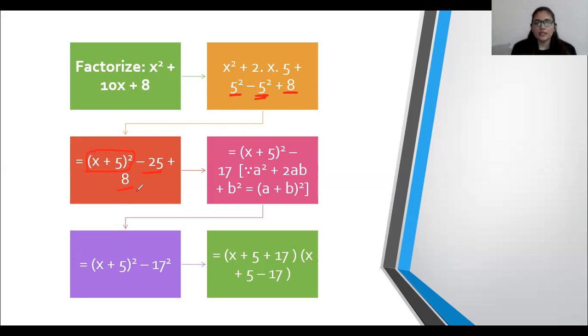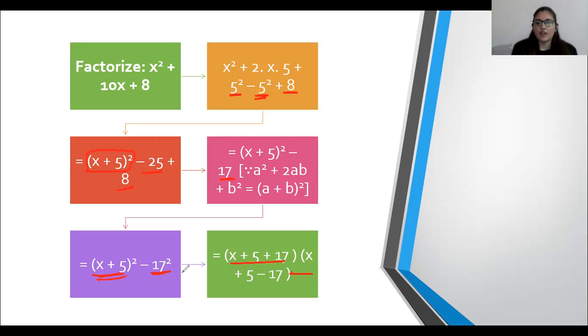Negative 25 and plus 8, so I will get 17. Now I can write my identity as x plus 5 whole square minus 17 square. Now you can apply a minus b and a plus b over here, and you are done with your solution.